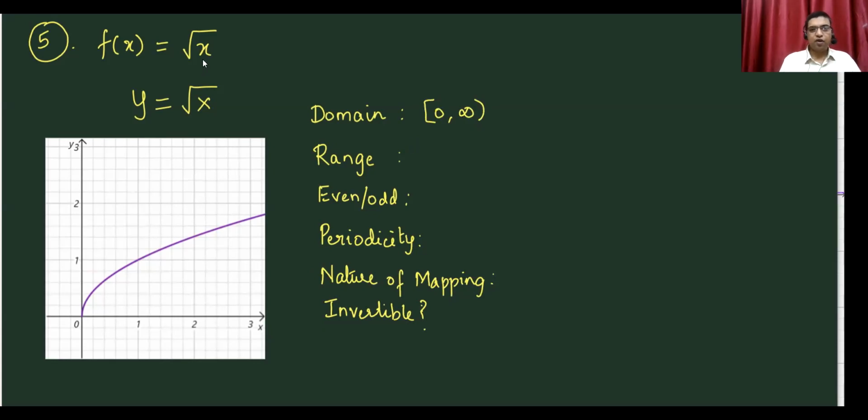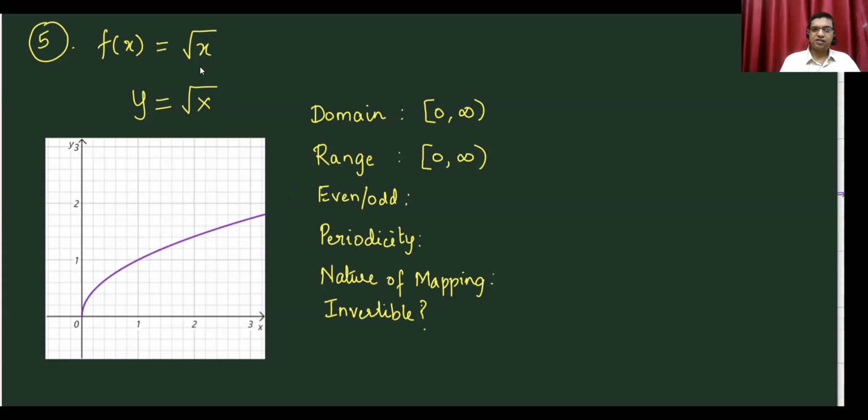It is defined for x greater than or equal to 0. For x less than 0, the square root of a negative number will not be defined. And the range, you can see it will keep increasing. It will approach infinity much slower. Say you take x as 100, then f of x will be 10.